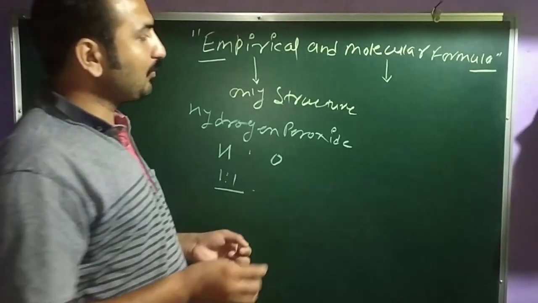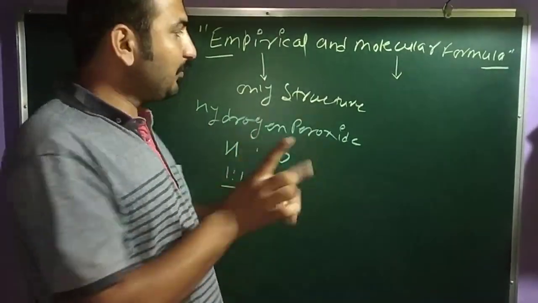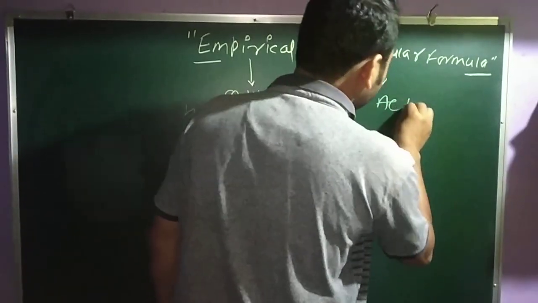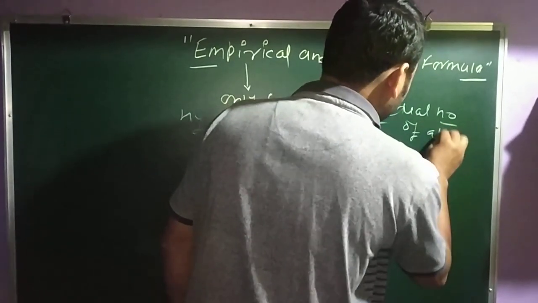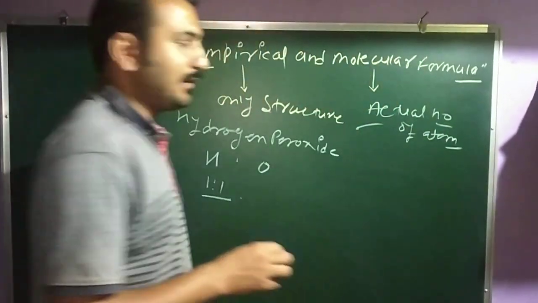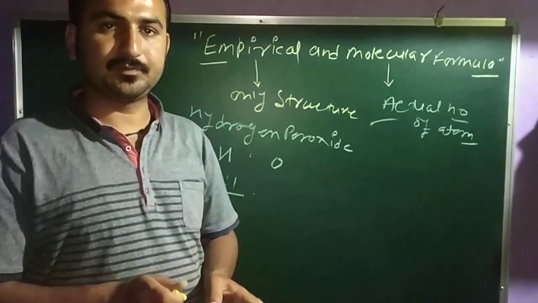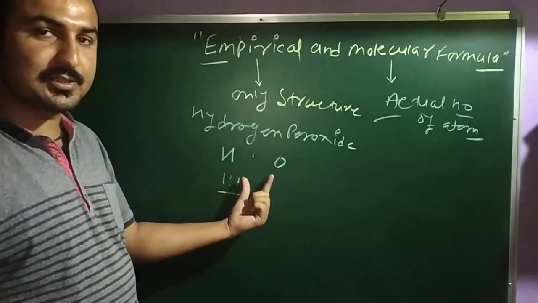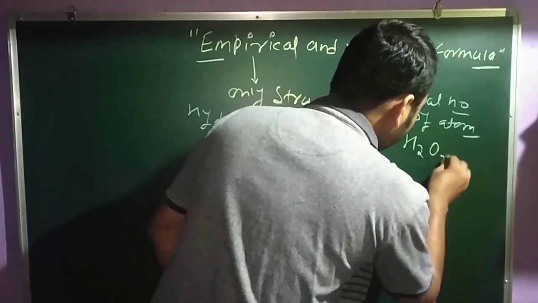But the molecular formula says the actual number of elements present in a formula. That means the actual number of atoms of your element, how many atoms are actually present. Clear? Like the empirical formula of hydrogen peroxide is HO, but the molecular formula is H2O2.